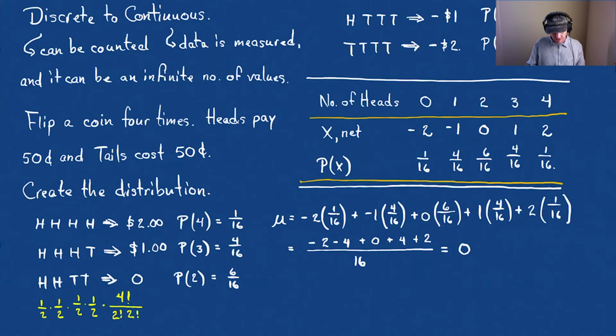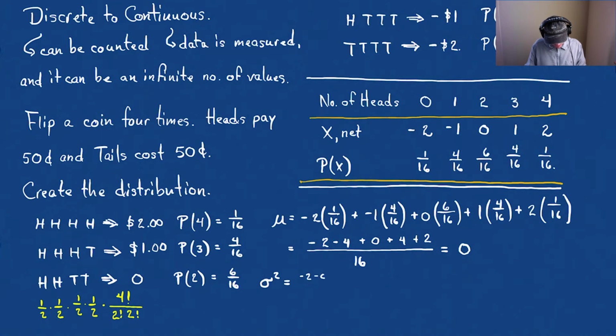Okay. Our variance. So let's calculate our variance next. So our variance, let's write that. I think we have just enough space here. If not, that's okay. We'll go to another screen. So our variance is we take the data value minus the mean, so minus 2 minus the mean, which is 0.